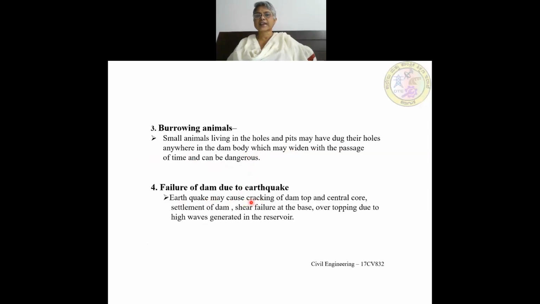One is the cracking of the dam top, the central core may crack, settlement of the dam may happen because of settlement of the foundation, shear failure at the base, the whole dam may slip, and overtopping due to high waves generated in the reservoir, because it causes vibration in the water also. So these are all the different failures of dam.